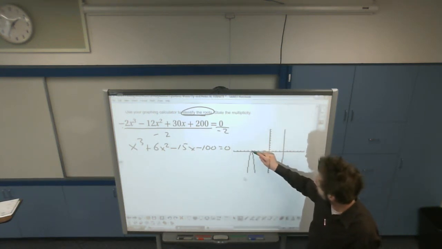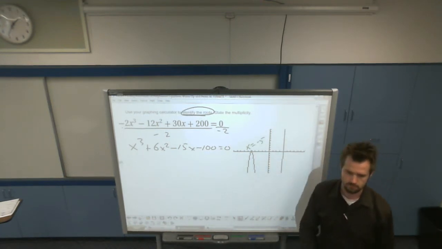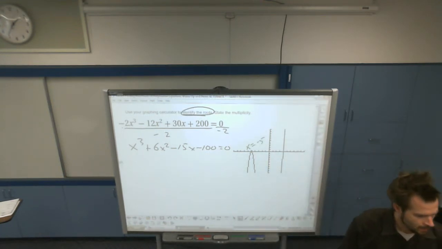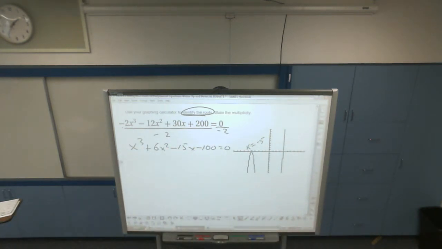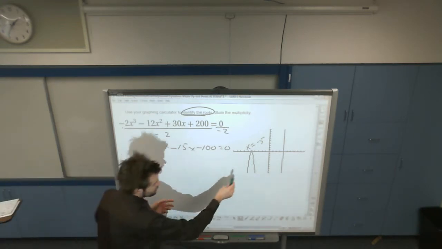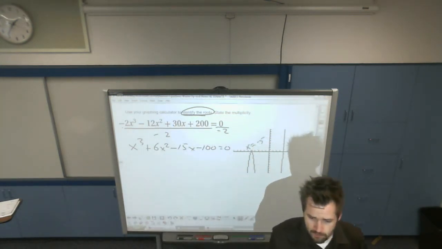1, 2, 3, 4. This appears to be x equals -5. Appears to be. How many times, just by looking at the graph, do you think that root occurs? Twice, right? Twice, because it does the weird touch but doesn't cross thing. So that means it's got to have an even multiplicity.